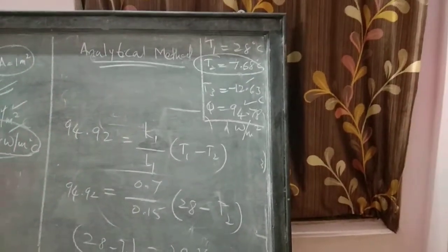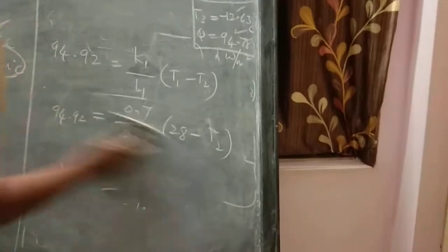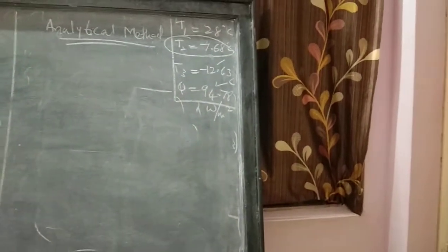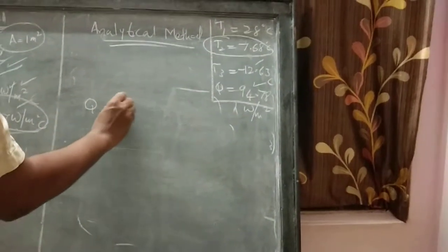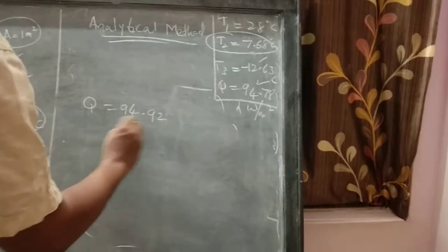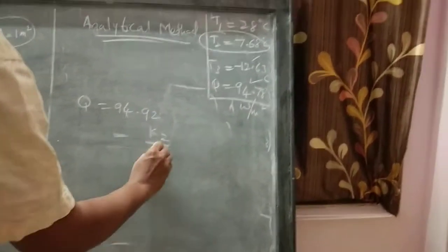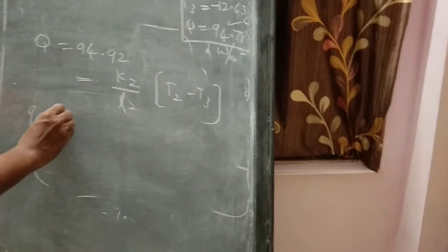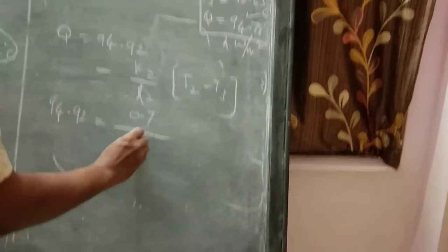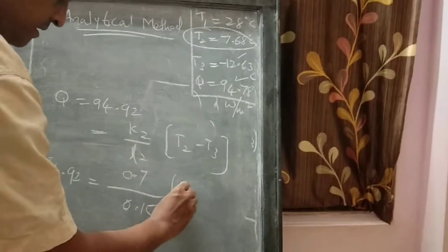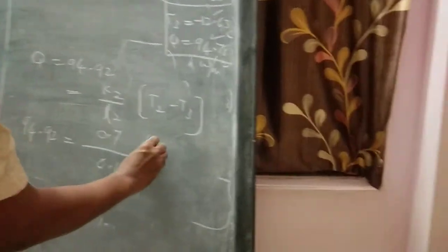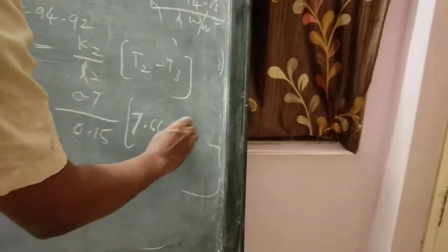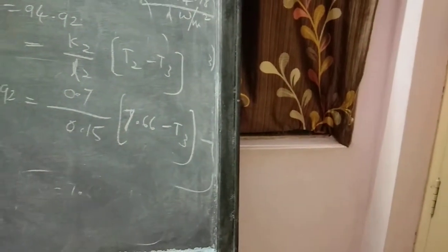Now the result is verified. Now we check for T3. Again conduction, Q is equal to 94.92, equal to K2 by L2 into temperature difference T2 minus T3. This 94.92 is equal to K2 of 0.7 over L2, thickness 0.15, T2 just now we got 7.66, minus T3.